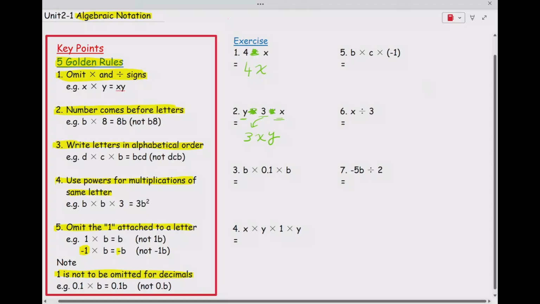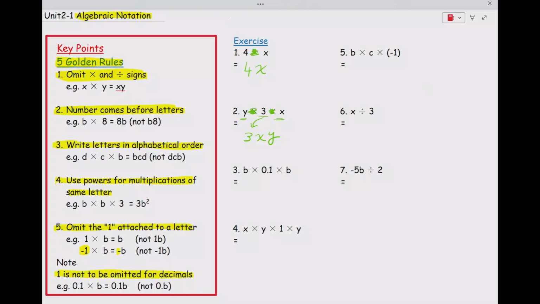Question number 3. b times 0.1 times b. Before going to this question, let's recall the 5 rules again. First, Rule 1. Omit the multiplication and division signs. Rule 2.